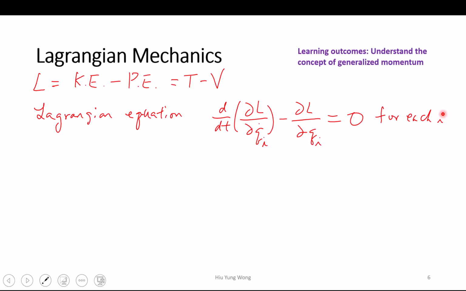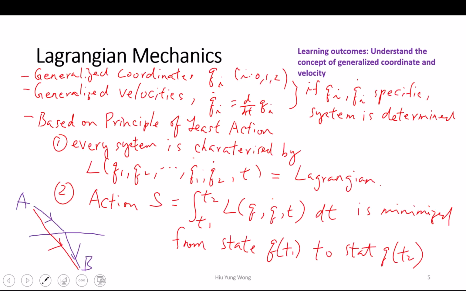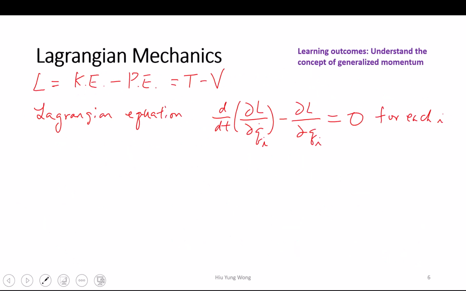So what did we learn so far? Nothing. I hope you understand that we have so-called generalized coordinates and generalized velocity, which later in the Hamiltonian is something similar. And you will find that we apply these generalized coordinates and velocity to a qubit. It also has something similar, called a conjugate variable.